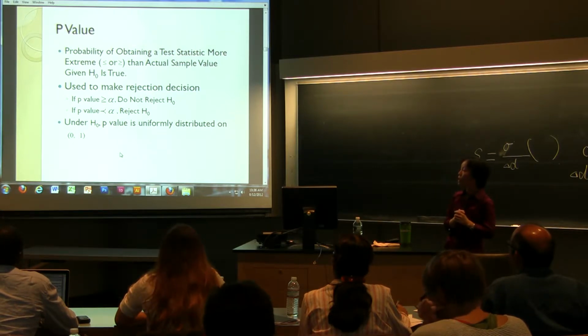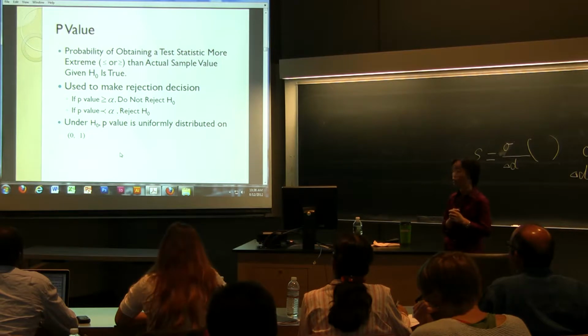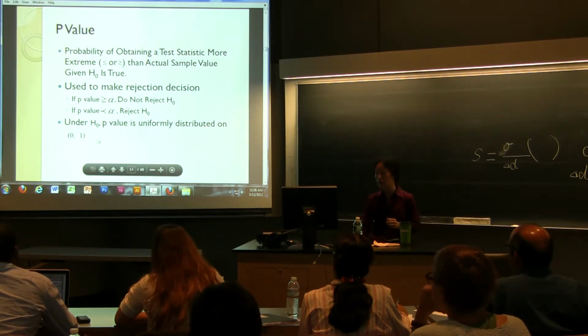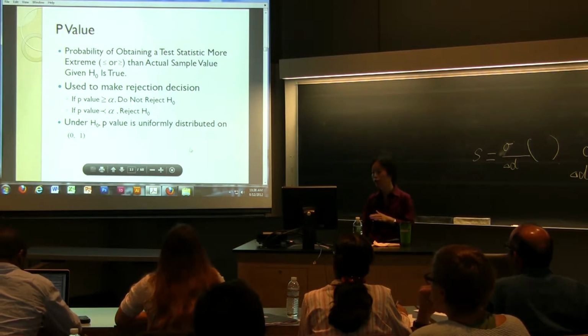With this information, we compare the p-value with the significance level. We can make a decision whether we reject the null hypothesis. And under the null hypothesis, the p-value is uniformly distributed.